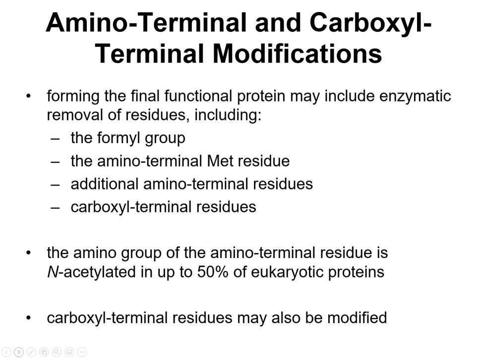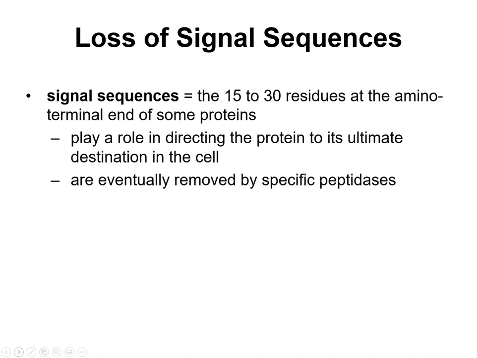In eukaryotes, around half of the proteins that you see in their final active forms don't even have that methionine. So you can also acylate the amino terminal residue. So you can add a little functional group to the front of that protein. You can also modify carboxy terminal residues, the C-terminal residues. Lots of things can happen.